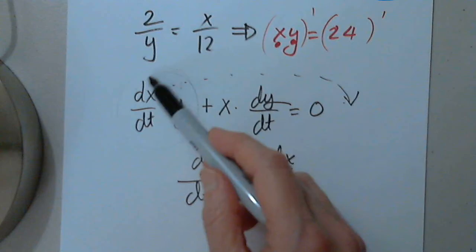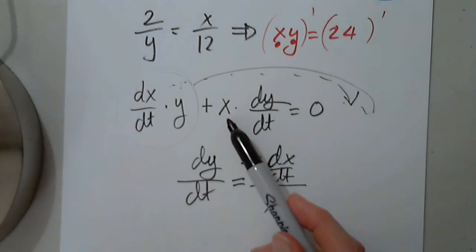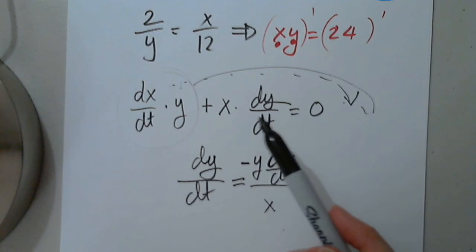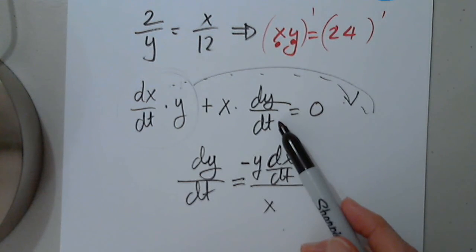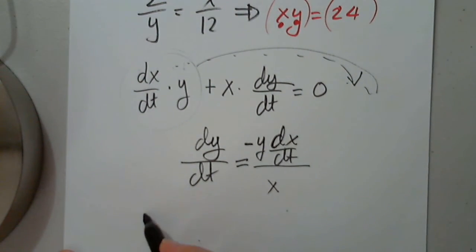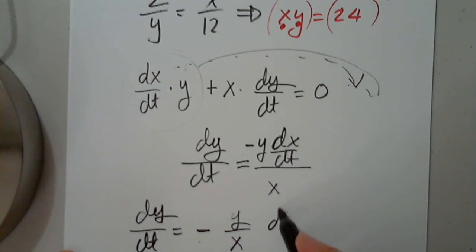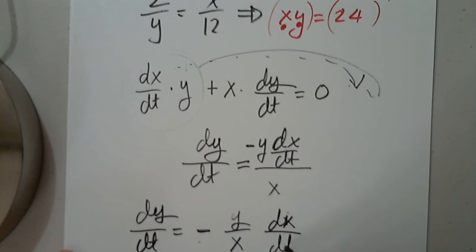So this piece goes here, changes its sign, and now I have to divide by x to get dy over dt. Let me write it one more time. So dy over dt equals negative, you can write it as y over x times dx over dt.